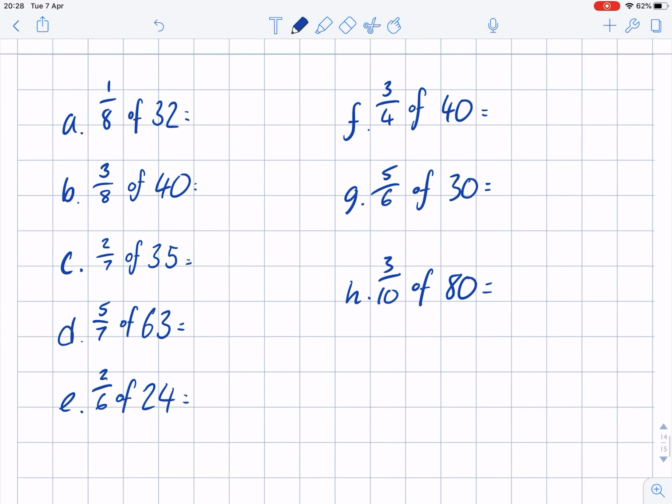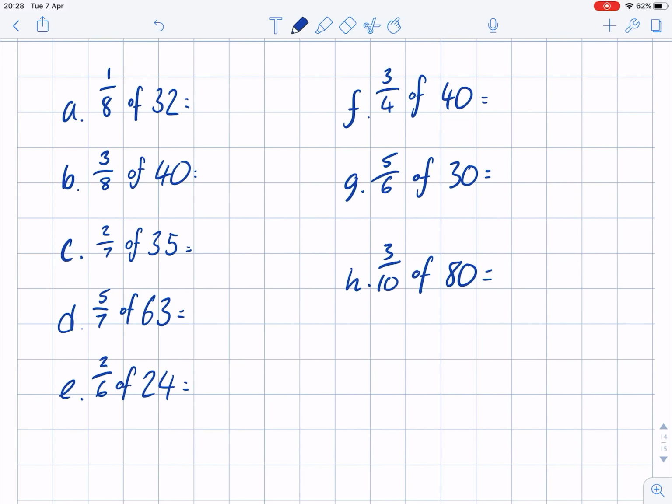So here are yours. So you've got 3, 4, 5, 6, 8 problems. So remember, step 1, I'll write this out again because I want you to get the right answers, okay? How many times, and I'll just write D for denominator, how many times does the D go into the amount?